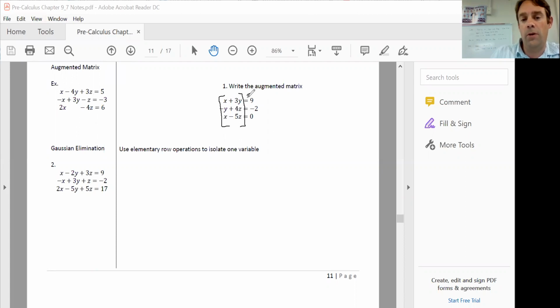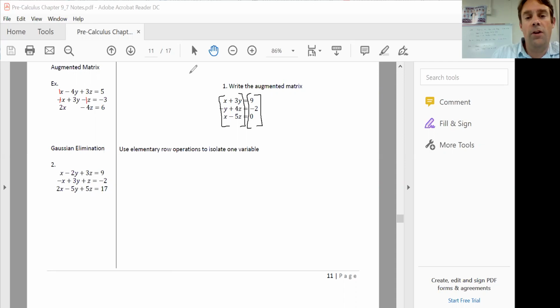The solution matrix is all these numbers over here on that side. What an augmented matrix basically says is, let's put them all together. Here's how we do this. First thing we need is all the coefficients. Any place I don't see a 1, I'm going to add it in there.